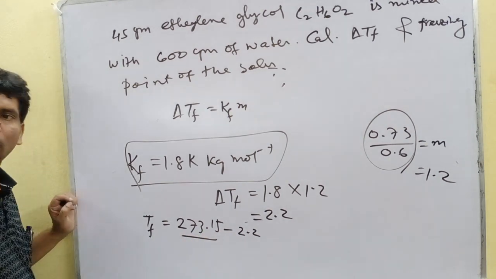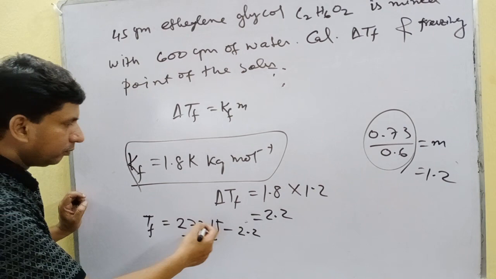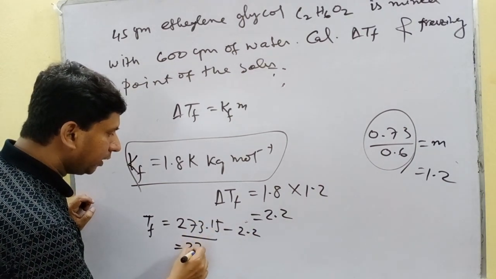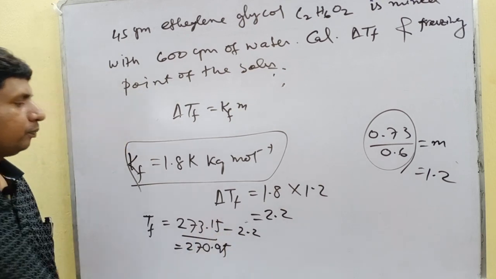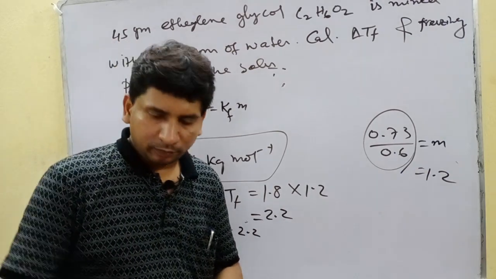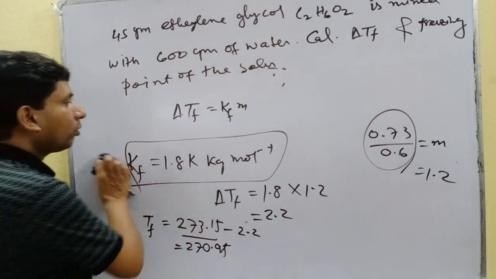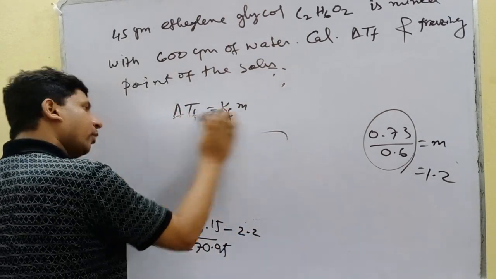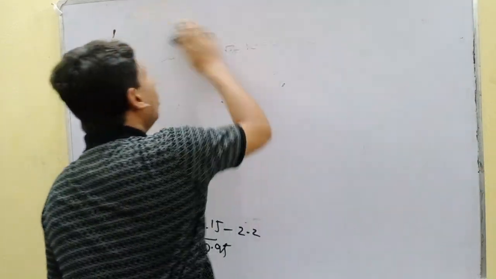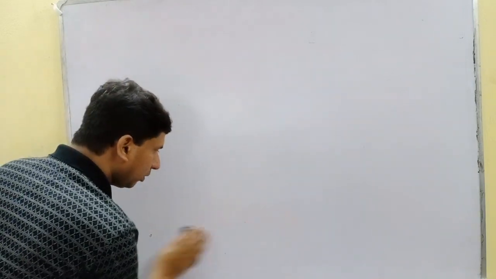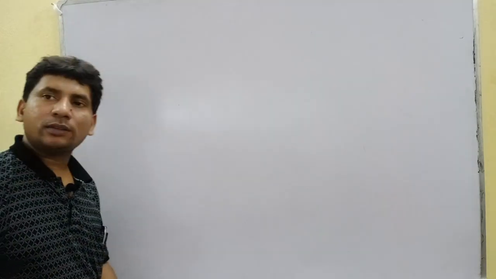It is equal to 270.95 Kelvin, it will be the new freezing point of the solution. Clear? Now there is another point of colligative property, that is osmotic pressure. What is the osmotic pressure?